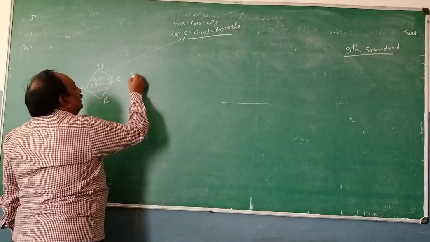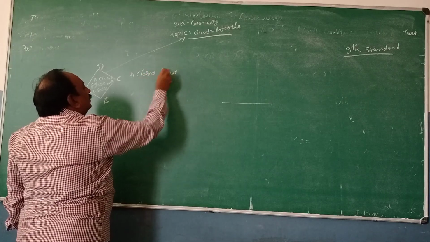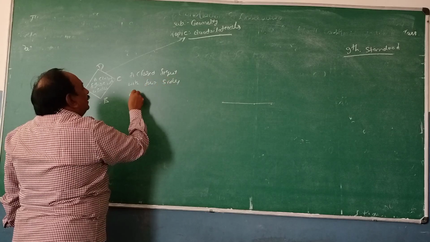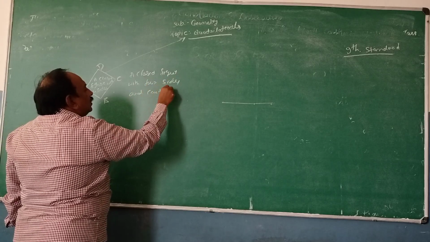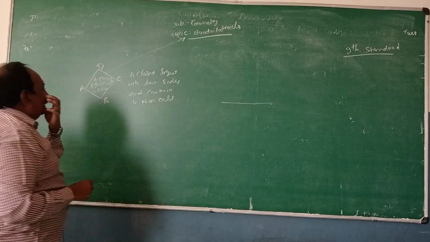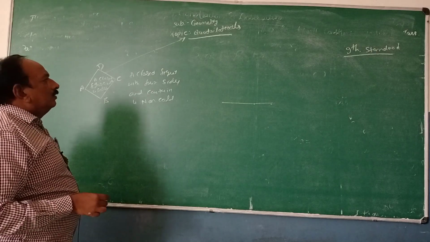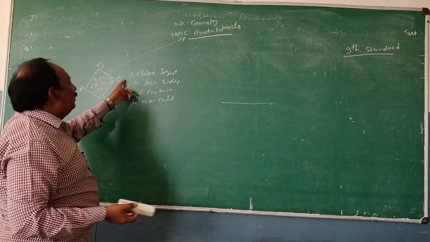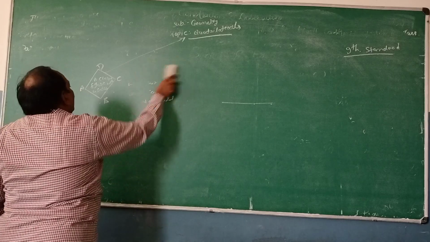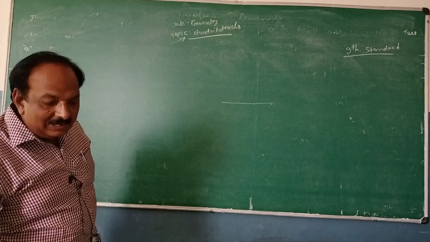A closed figure with 4 sides and containing 4 non-collinear points, or a figure formed by 4 non-collinear points. You may write that one also. Or a closed figure with 4 sides is called a quadrilateral.